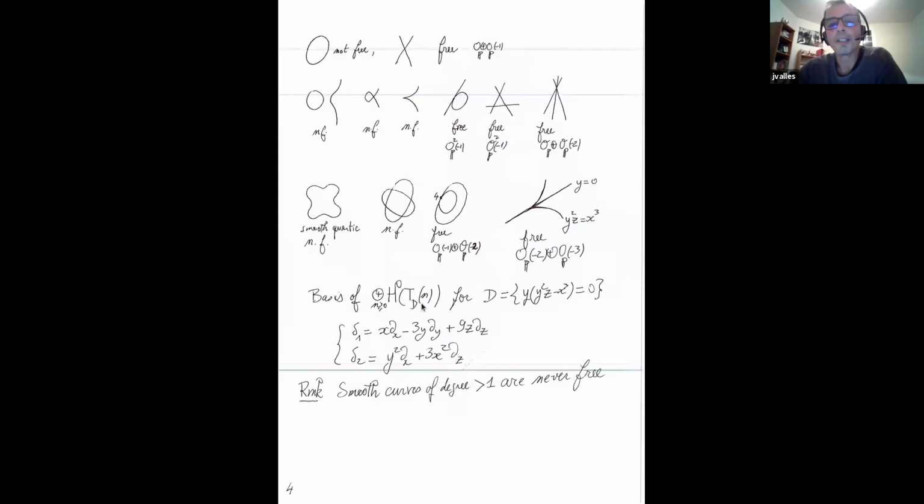But in general, it won't be possible in the general situation without knowing the equation. Of course, if we know the equation, you can put the equation in Macaulay2, and Macaulay2 will say if it is free or not free, and if it is free, it can give you some generators or some basis for the module.